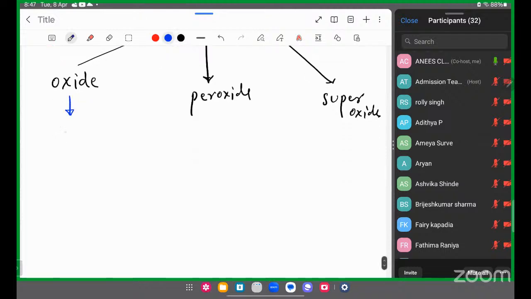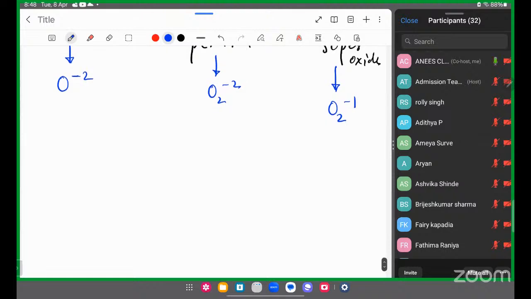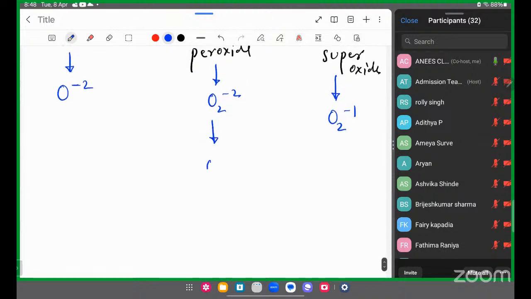Oxide is given by O2-, peroxide is given by O2 2-, and superoxide is given by O2-. Peroxide can also be given by O-1, and in case of superoxide, this will be -1/2. Understood?